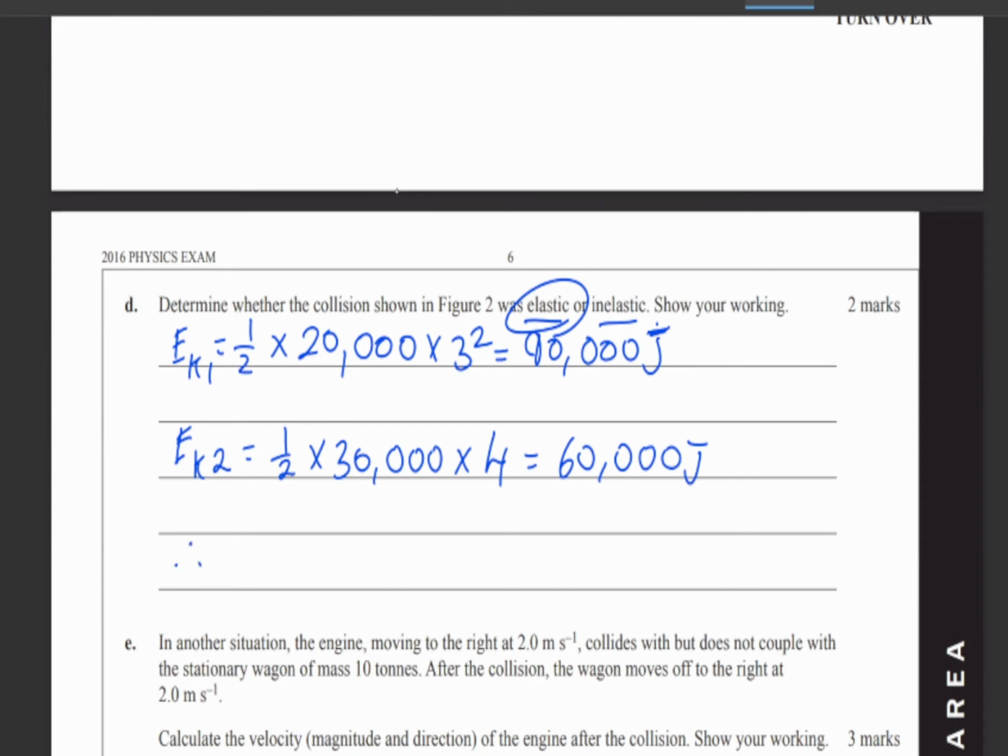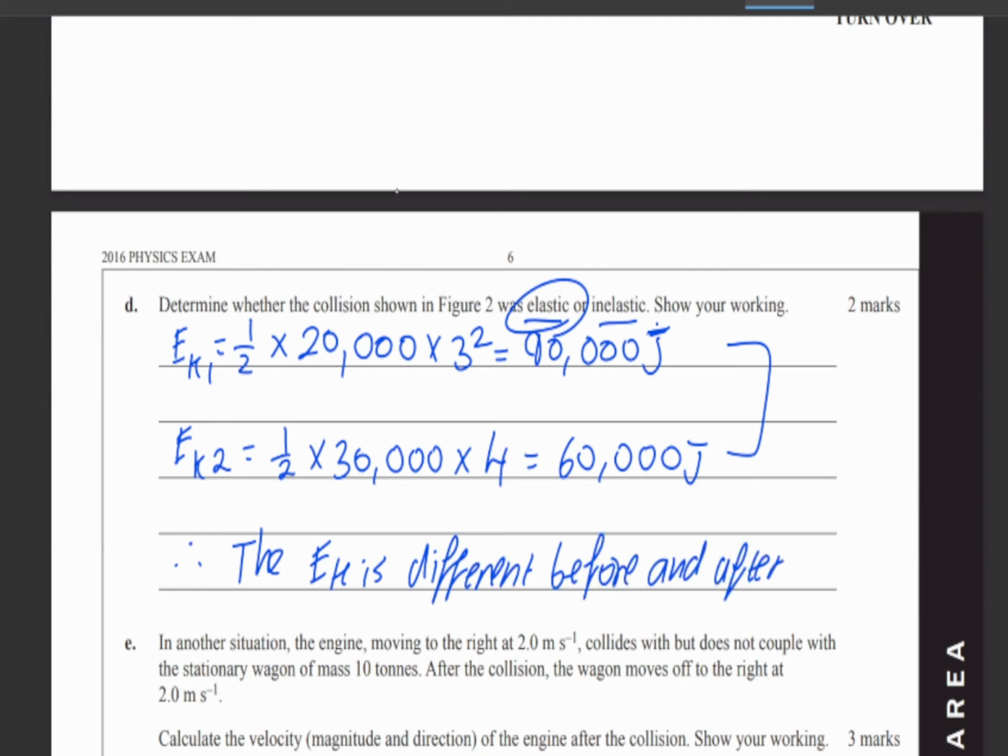So therefore, because the energies are not the same, it's different. Therefore, inelastic.